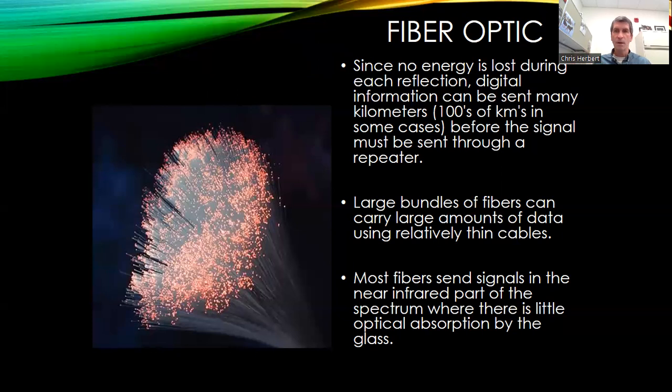Okay, so there's your application for total internal reflection. Again, it only occurs when we're going from a higher index material to a lower index material. You can actually see this effect if you're underwater in a pool and you look up. You can see out of the water in the direction directly above you.